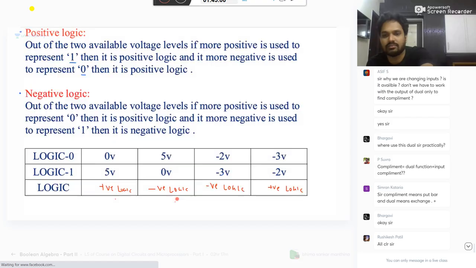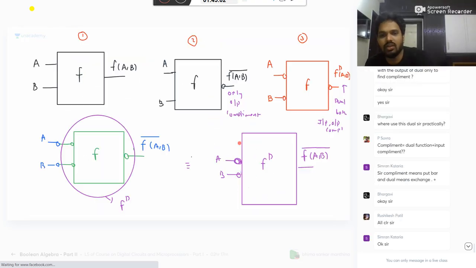One more point I want to say. Here now you see, if it is a self-dual, what is the advantage? Comment please. Is there any advantage for the self-dual while finding complement?